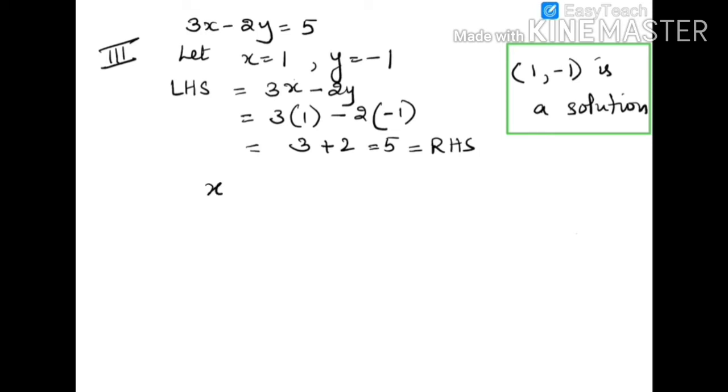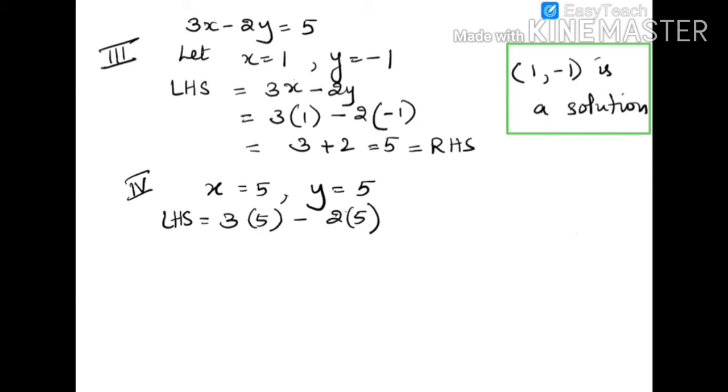Let's take x equal to 5 and y equal to 5. Then substituting in the equation, left hand side will be equal to 3 times 5 minus 2 times 5, which is equal to 15 minus 10, and that is equal to 5 equal to right hand side. So we have found another set of solution, that is 5 comma 5.